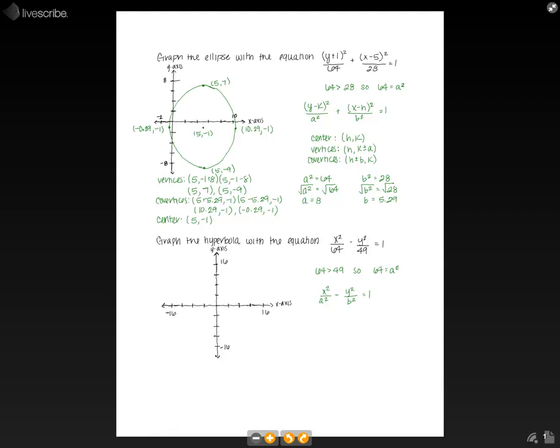We also know that the length of the transverse axis is 2a. This is important because the vertices are at the end of the transverse axis.